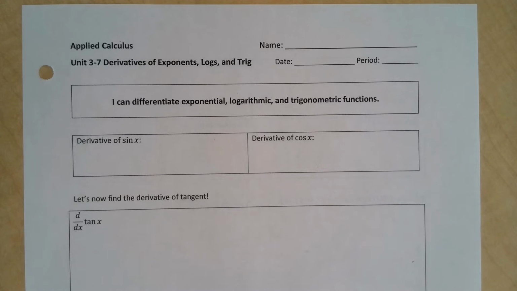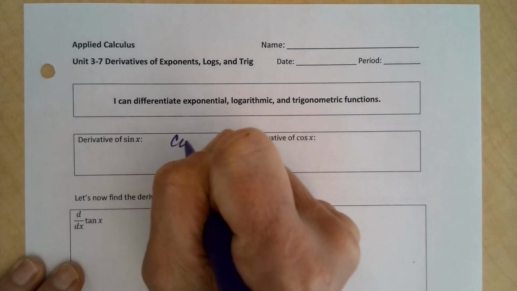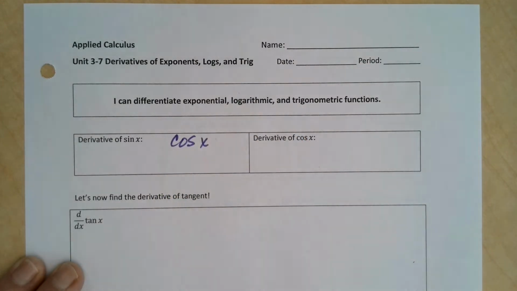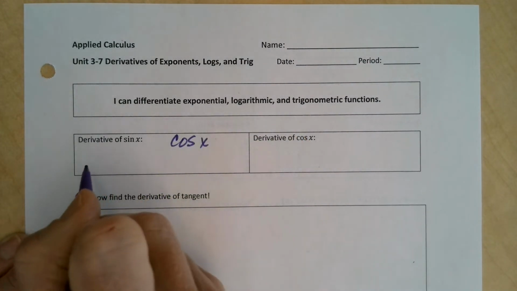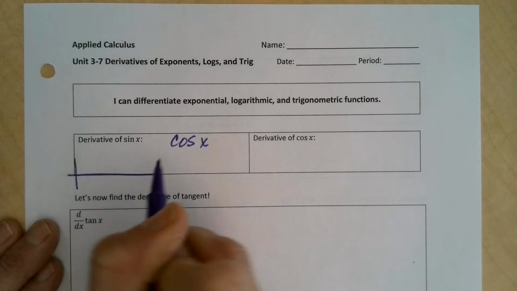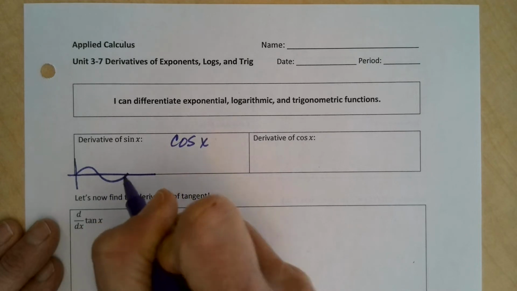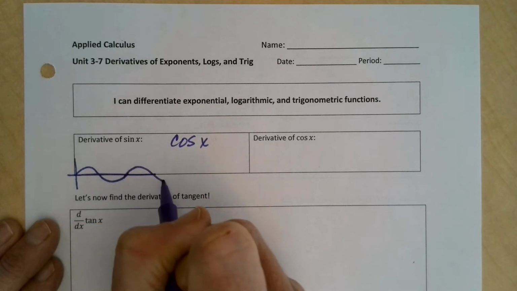Okay, so the derivative of the sine of x is equal to the cosine of x. And if you draw yourself, I like to try to do this. My sine of x is a graph that looks like this, and it continues on, right?